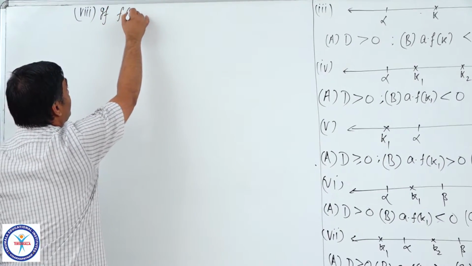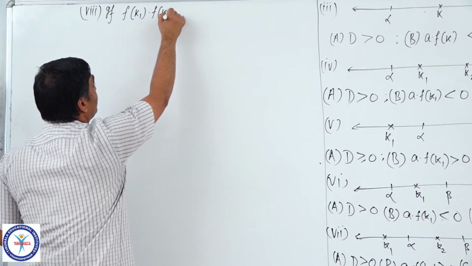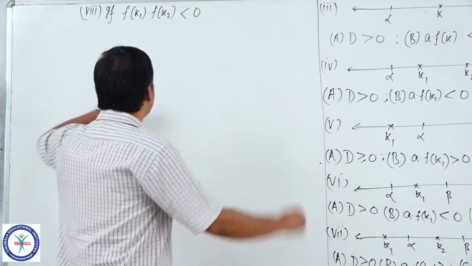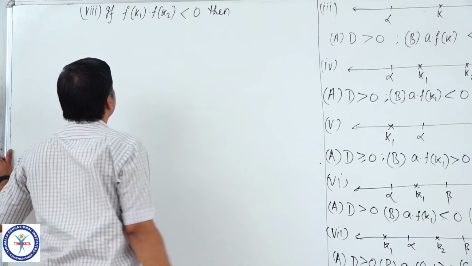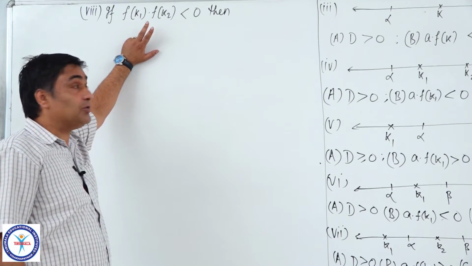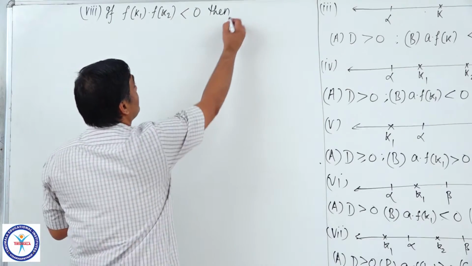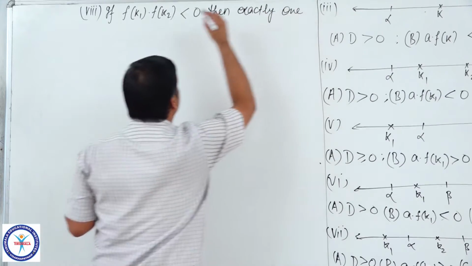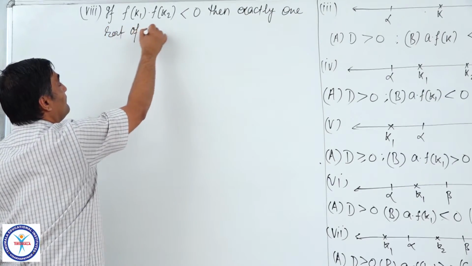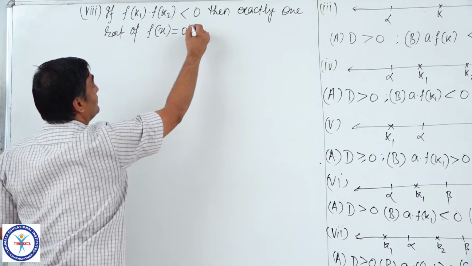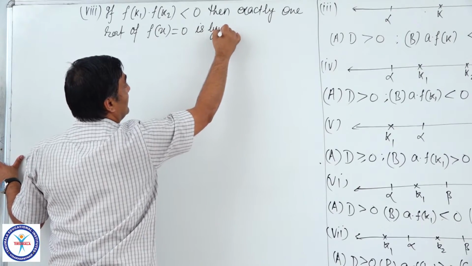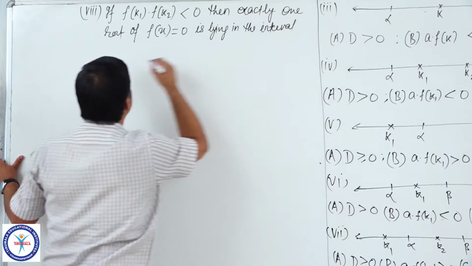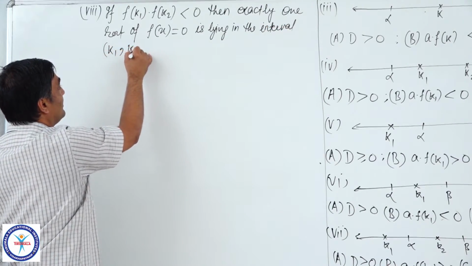If f of k1 into f of k2 is less than 0, I am combining 6 and 7 for this case, then exactly one root of f of x equal to 0 is lying in the interval k1 comma k2.